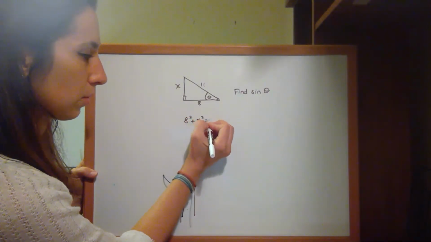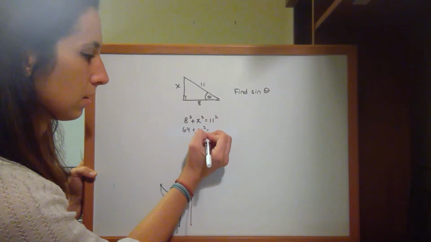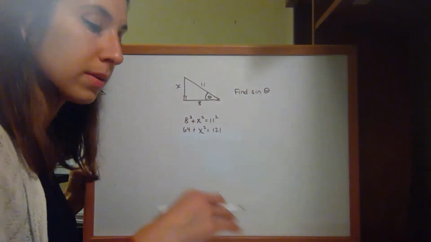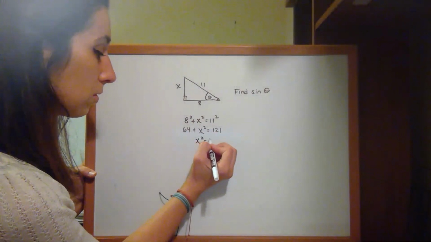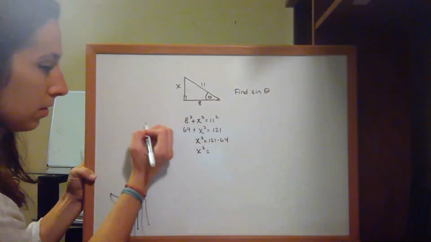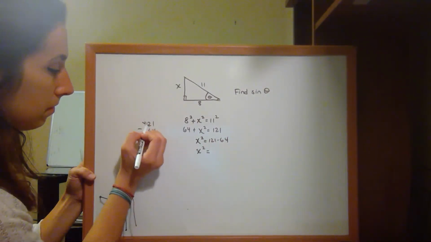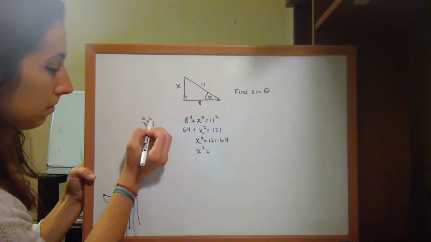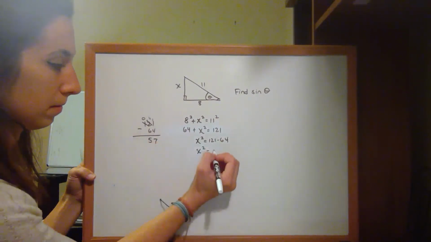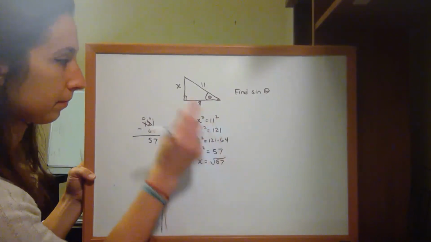8 squared plus x squared equals 11 squared. 64 plus x squared equals 121. And then x squared equals 121 minus 64. So this is 57, which means that x is radical 57.